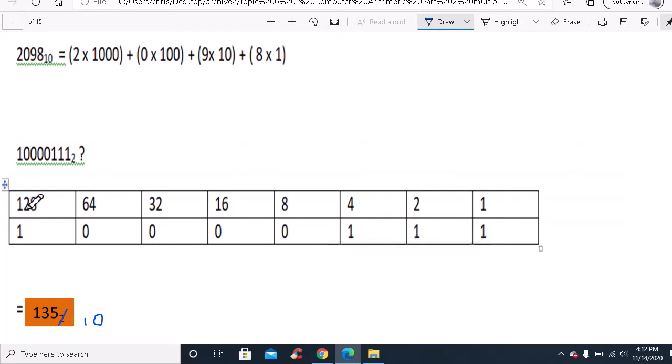If you add 128 plus 8 plus 4 plus 2 plus 1, you do get 135. But for goodness sake, check here to make sure I'm right. Okay, so this is a standard way of converting a binary number into a decimal number.